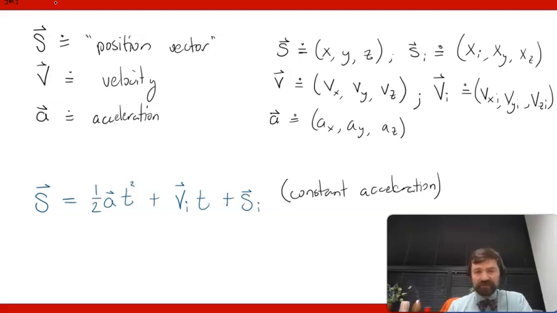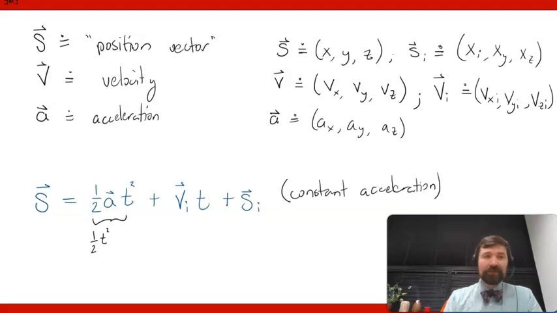Just be satisfied with the fact that you have a vector times a scalar times a scalar, you have a vector times a scalar, and you have a vector. All 3 of these things are vectors. So this could be rewritten as 1/2 t squared, the scalar term, times the acceleration, the vector term. So we have scalar, we have vector.